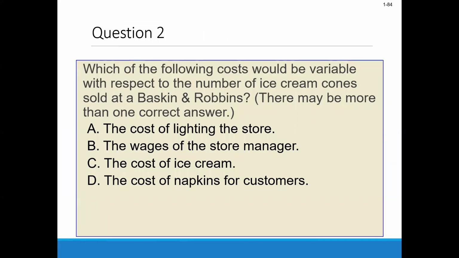Which of the following costs would be variable with respect to the number of ice cream cones sold at a Baskin-Robbins? There may be more than one correct answer. What would be variable, guys? Cost of the ice cream?